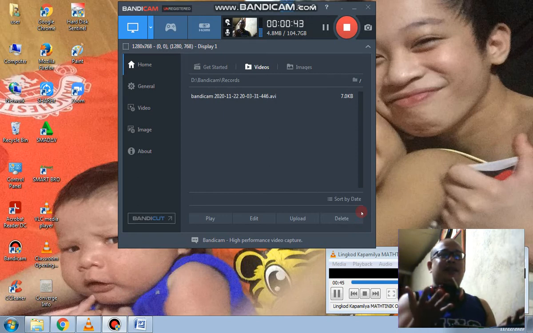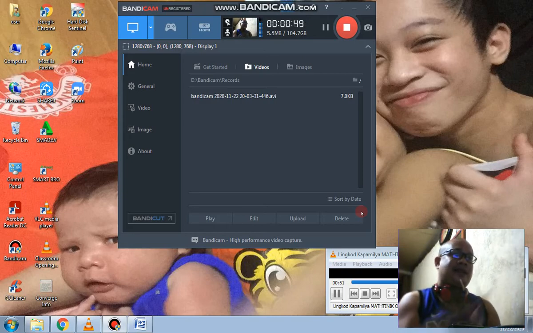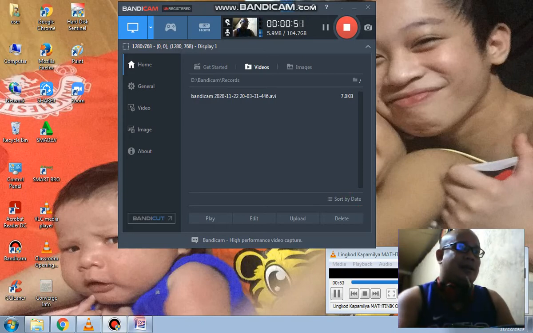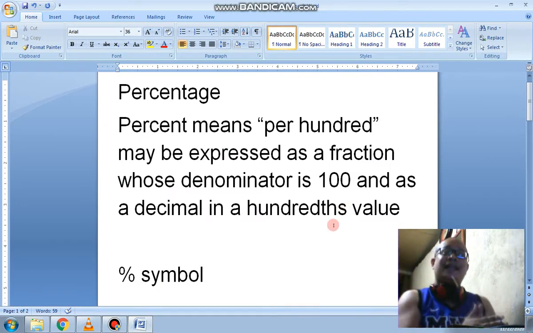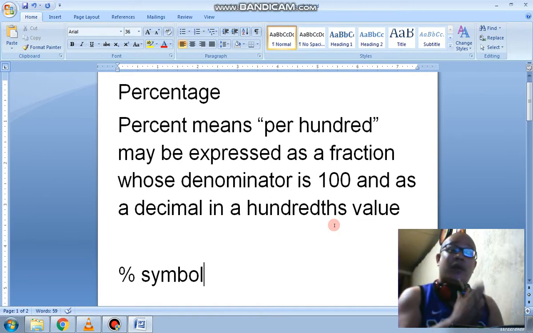Okay, so class, we will have a review lesson, and after this I will give a worksheet. This is about percentage, our topic last week. So, let's get it on. Percentage or percent means per 100. It may be expressed as a fraction whose denominator is always 100.